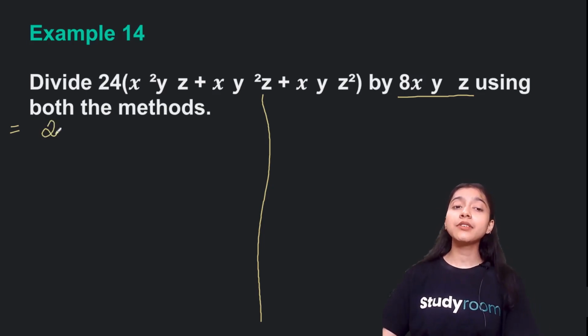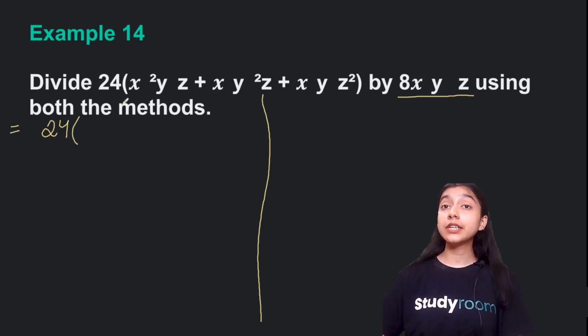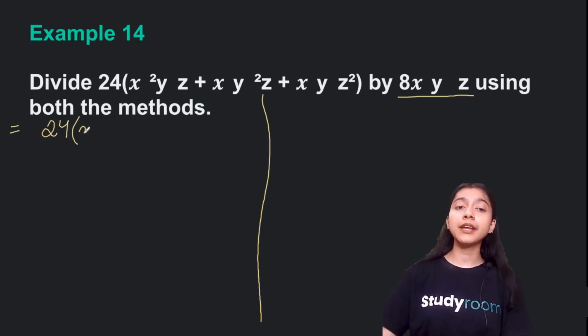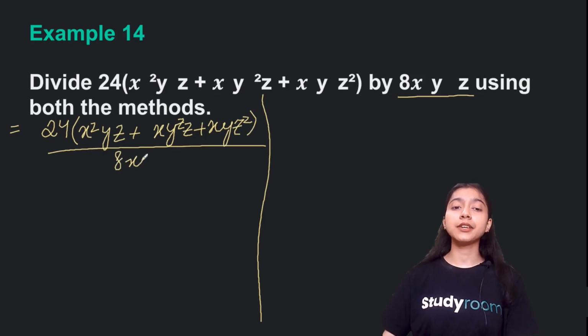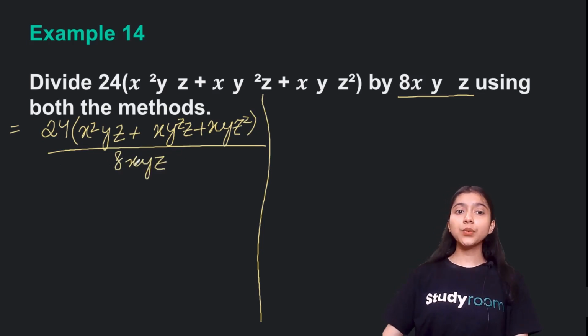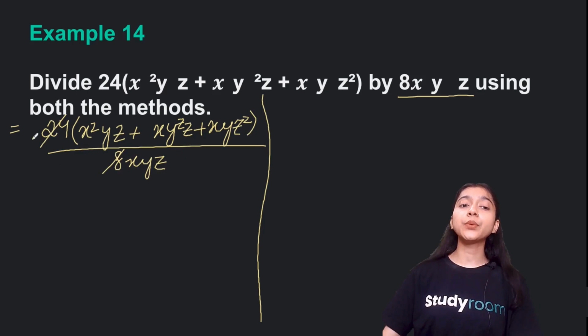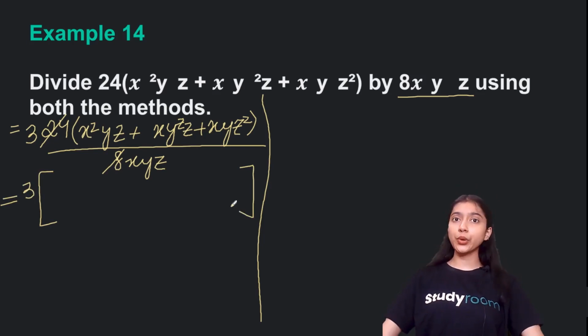First of all, I'll be writing the dividend, that is 24 multiplied with x square yz plus xy square z plus xy, and we have z square, and this is whole divided with 8xyz. Now the very first thing we'll do is cancel this 8 with 24, that gives us 3, and take this 3 outside the bracket and do the entire division within the bracket.